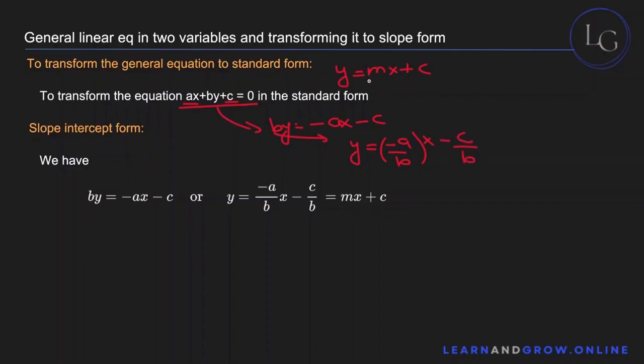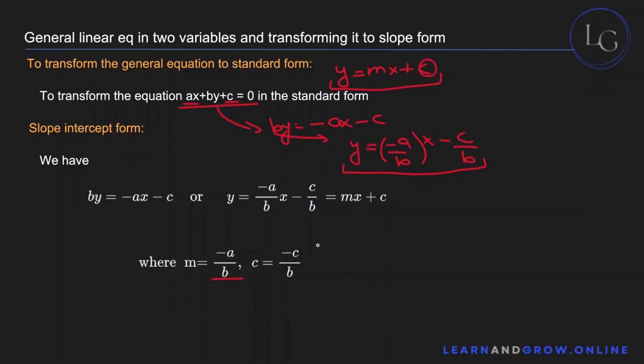And as you can see, to convert this thing into this thing, just see what the corresponding values are. So x is being multiplied with m over here, and x is being multiplied with minus a over b over here, right? So m is equal to minus a over b. And as you can see, this minus c over b is corresponding to this c over here.